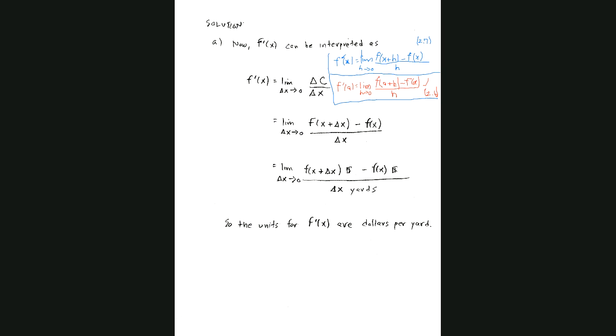So in the numerator, for this problem where we're dealing with costs, delta C means change in costs, over a change in yards.